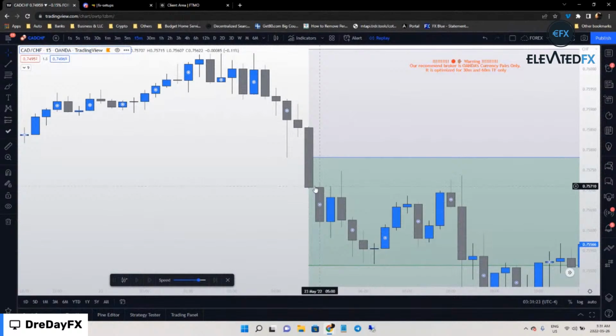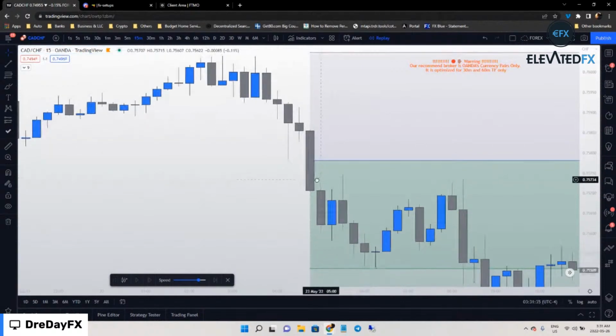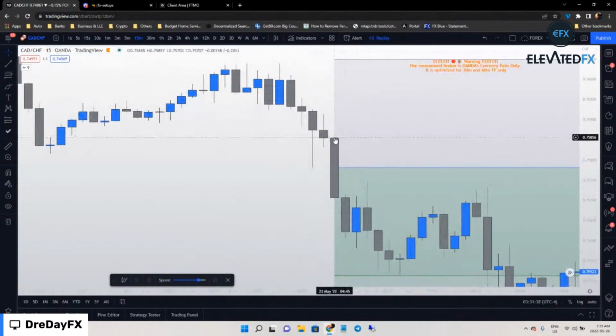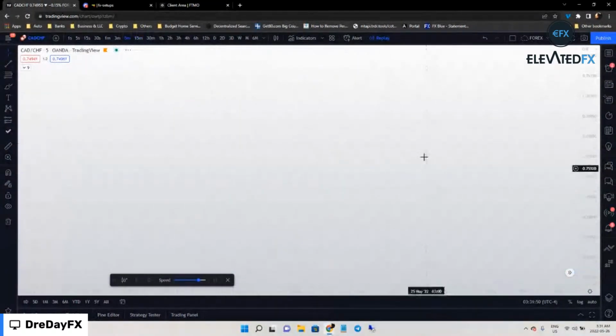So if, let's say on the 15 minutes, I still see that there's a big gap here on pricing, I will still consider this my stop loss, right? So sometimes you're gonna have maybe a smaller stop loss. Let's go on the 5 minute just to get a gist of it.